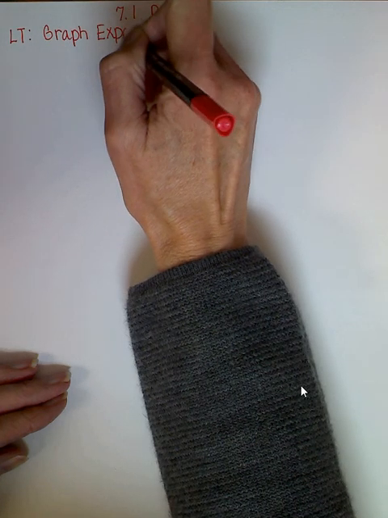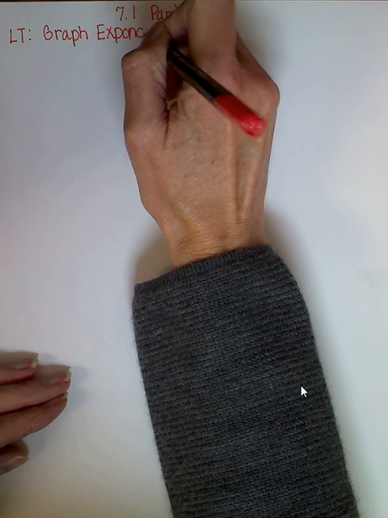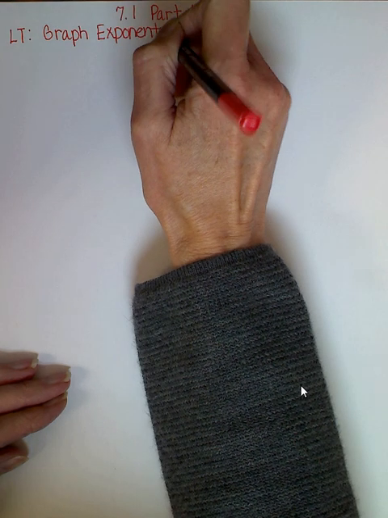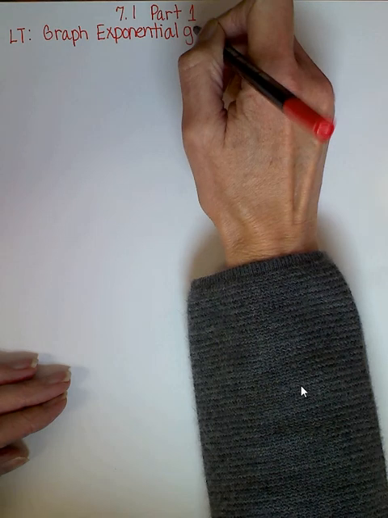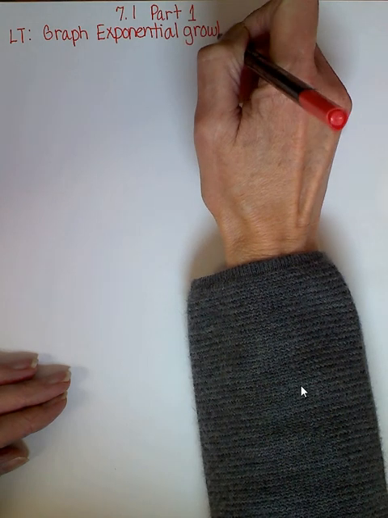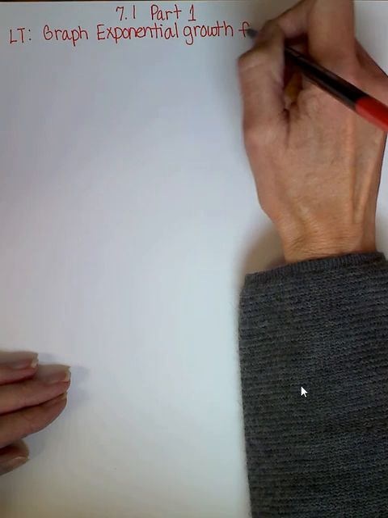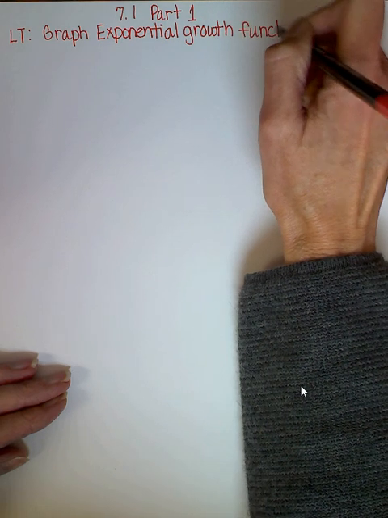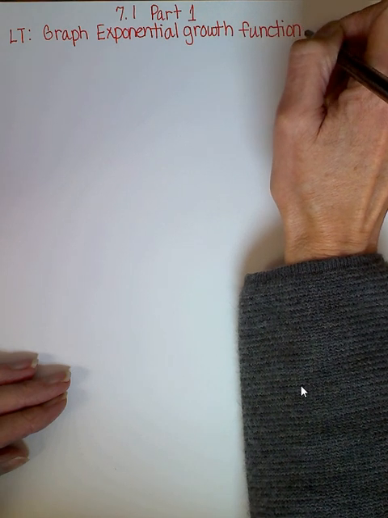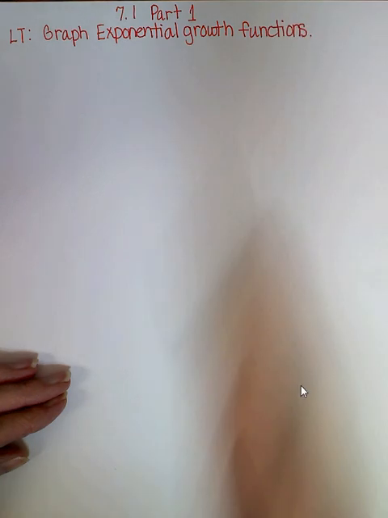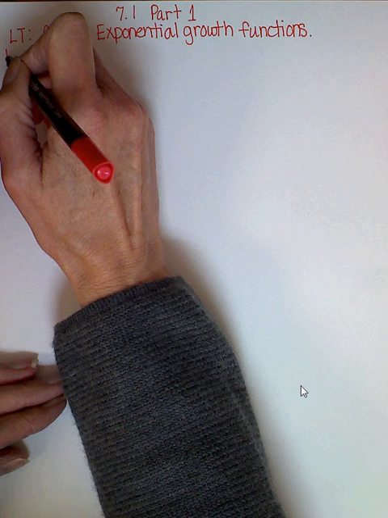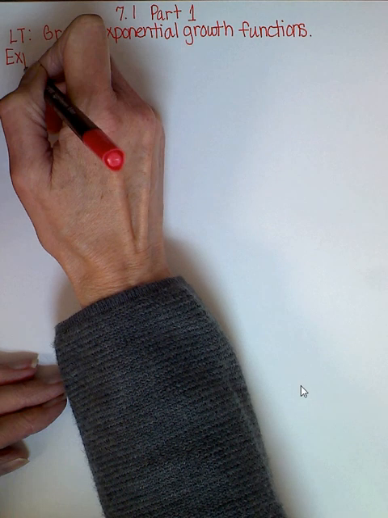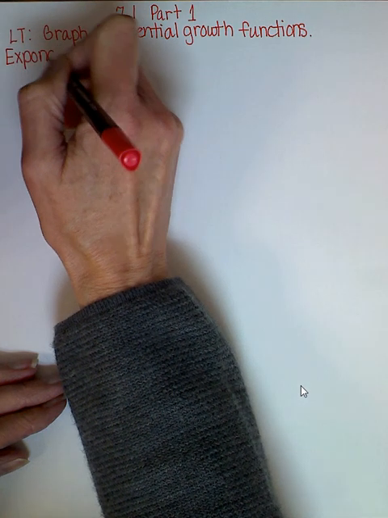We did a little bit of this in Algebra 1, but not a lot. And we're going to concentrate first on exponential growth functions. Okay, so let's do some vocabulary. Let's define an exponential function.